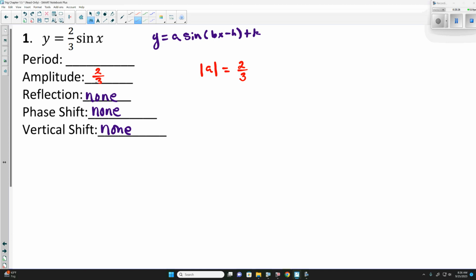It'd be good if I actually wrote that on the line for amplitude and not period. Now for the period, we do need the value of b. And to find the period, we take 2 pi over the value of b.